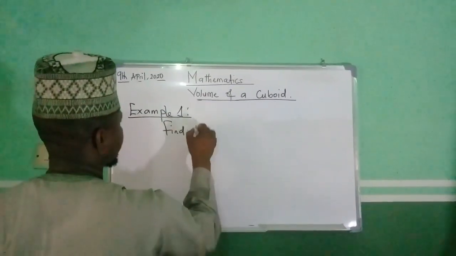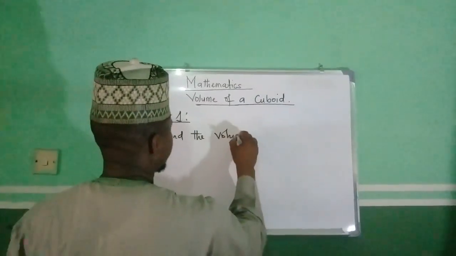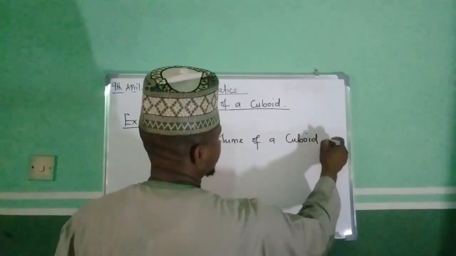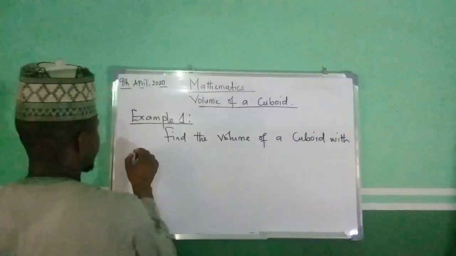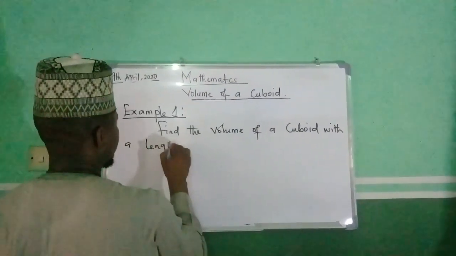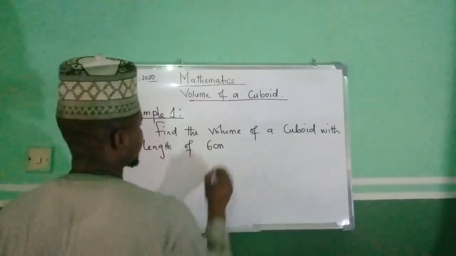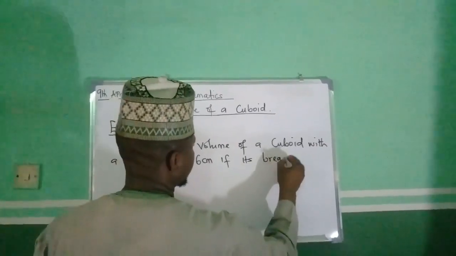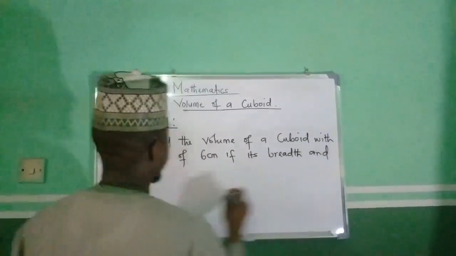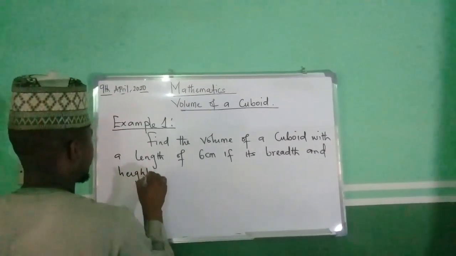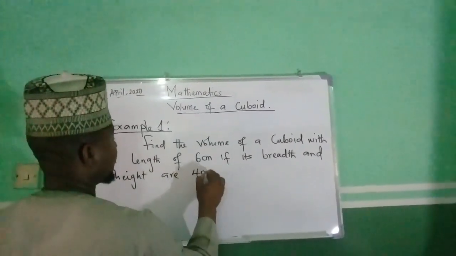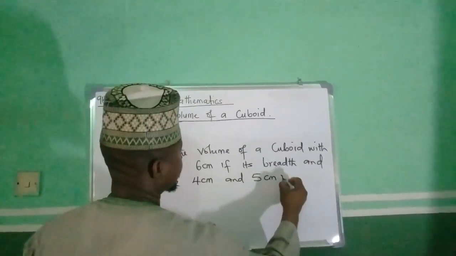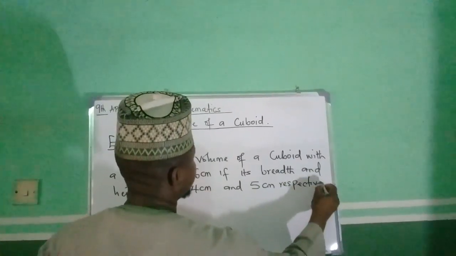Find the volume of a cuboid with a length of 6 centimeters if its breadth and height are 4 centimeters and 5 centimeters respectively. This is our first example.